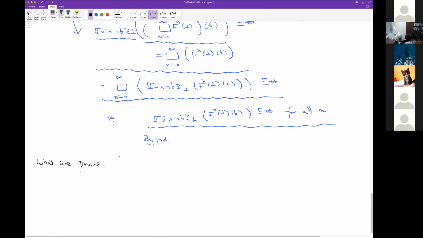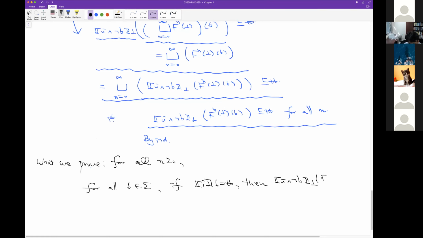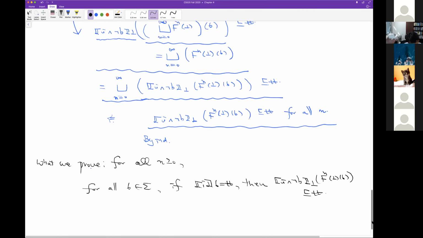For n greater than or equal to 0, the following is true for our state sigma: if the precondition is true, then the things that I wrote there, I and the relation B, bottom, F^n sigma, is less than T. And this is what we're going to prove by induction.